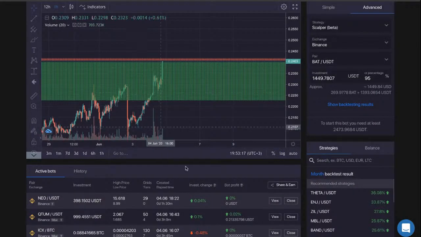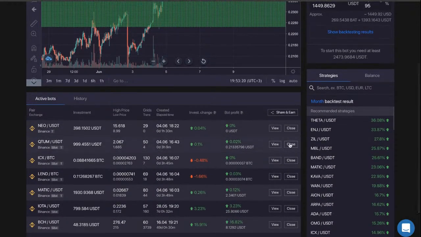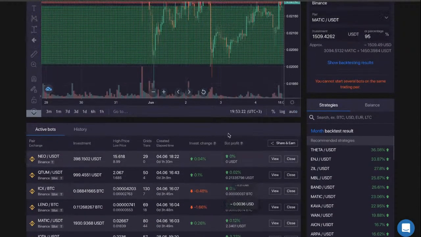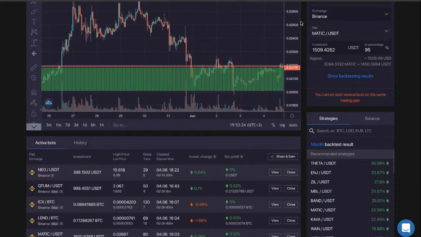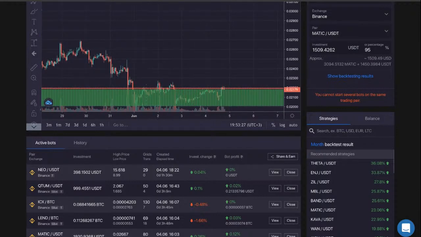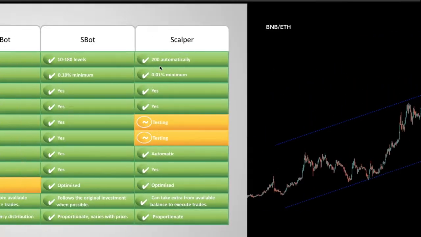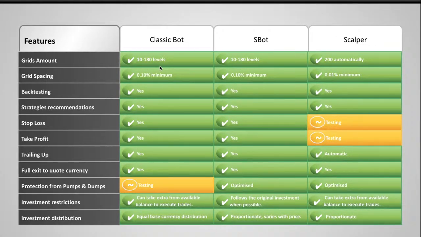Because the idea is that some cryptocurrencies have different spacing. Some currencies are extremely volatile, some are more or less volatile, so medium volatility, and you can use the scalper on highly volatile cryptocurrencies that are moving crazy, and with this narrow setup of spacing, you will be able to capture as many price swings as possible.